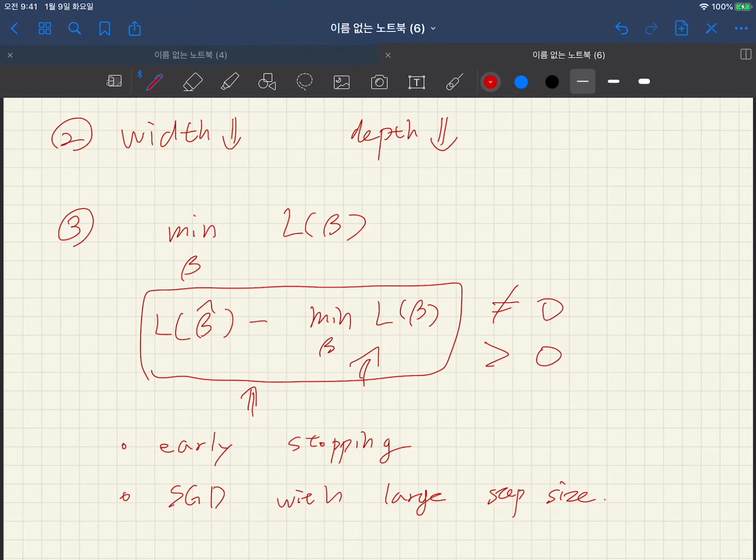So usually SGD with a large step size cannot converge to the optimal solution, and it always has some optimization gap. And the optimization gap can solve the overfitting issue a little bit more. So SGD with a large step size is itself also a very nice generalization technique.